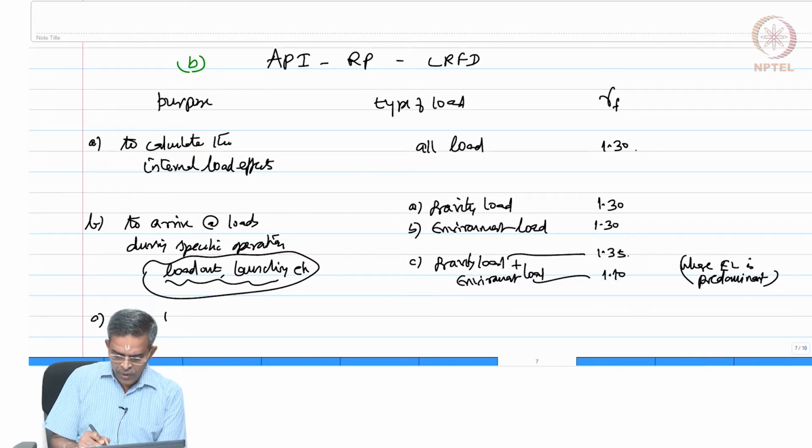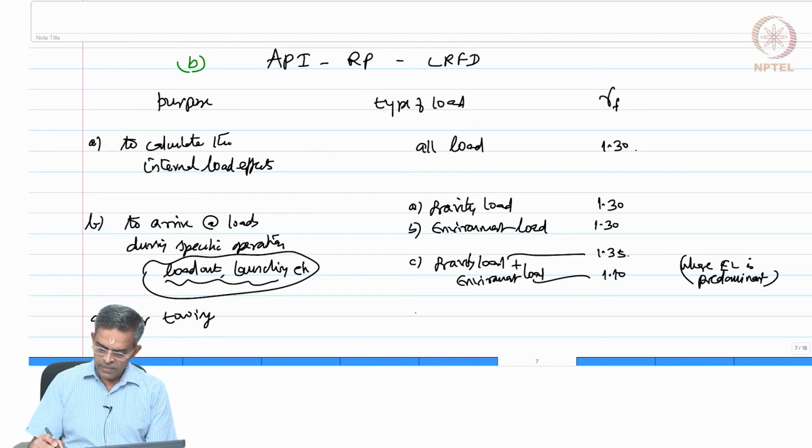For towing operation, if you want to calculate, then for gravity load, the factor suggested by the code is 1.10. For environmental load, the factor suggested is 1.35.